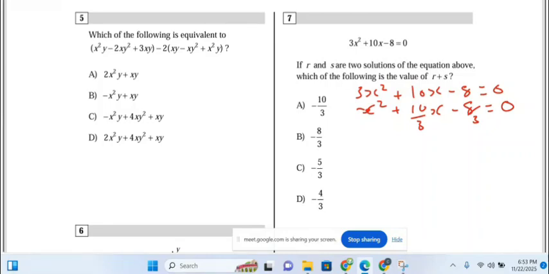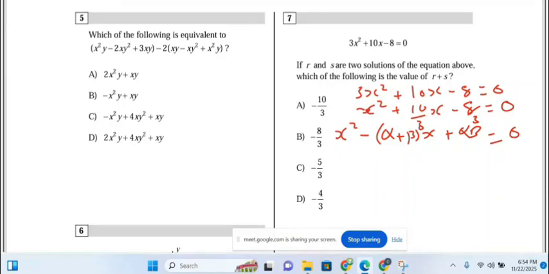The general expression says that if alpha and beta are the roots of an equation, then we can say that x squared minus (alpha plus beta)x, then plus alpha beta, should be equal to 0. So that's how it goes.